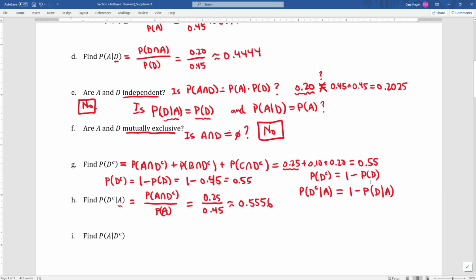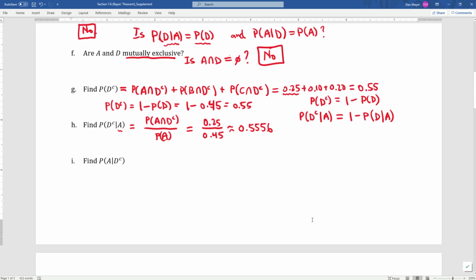So if you want to memorize a new complement formula, you can do that. Remember, this complement formula is one that's going to be given, but if you want to memorize a second one, you can do that. It can be helpful. It's actually something that we use somewhat regularly.